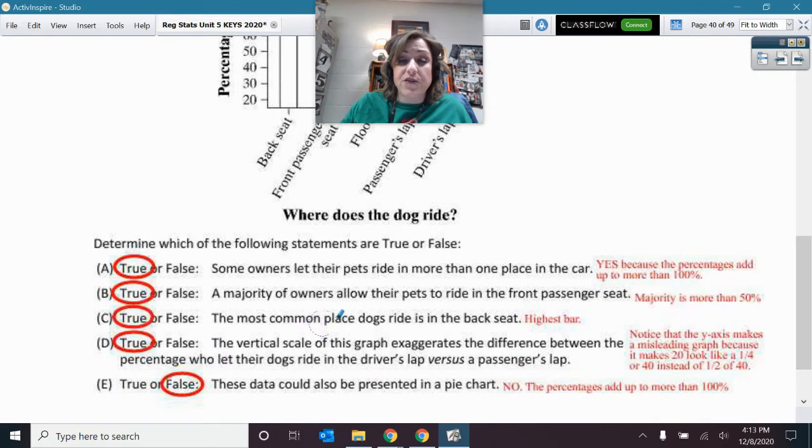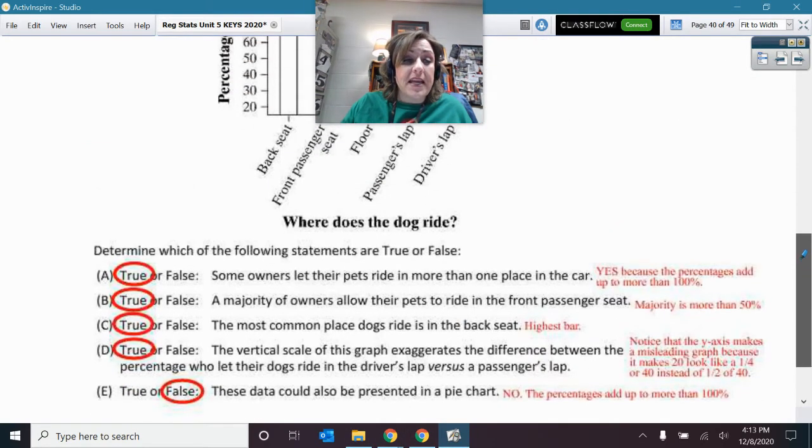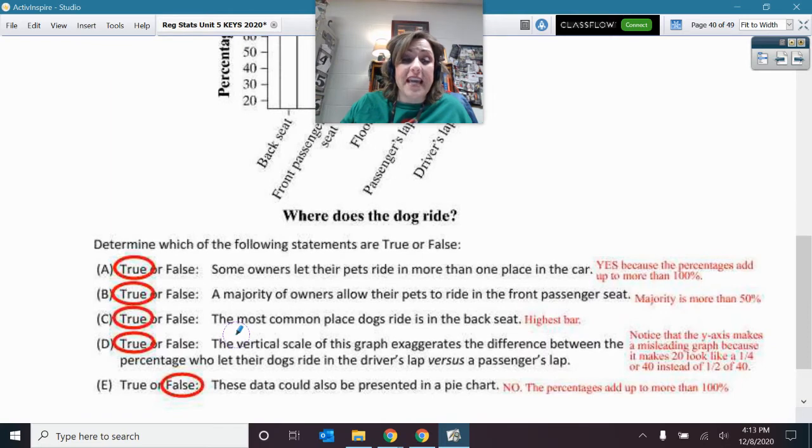C, the most common place for dogs is in the back seat. The most common place would have the highest bar, and it is, so that's a true statement. D, the vertical scale of the graph exaggerates the difference between the percentage who let their dogs ride in the driver's lap versus the passenger's lap.